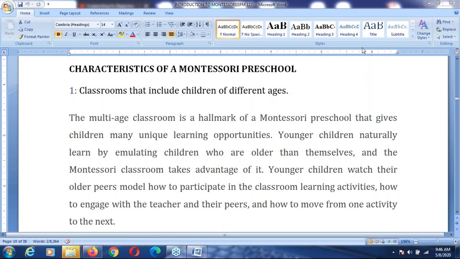Number 3, a curriculum that emphasizes independence. Another characteristic of Montessori education, a curriculum that emphasizes independence. Montessori education inculcates the spirit of independence in the life of the learners by the way they are allowed to choose any material of their own choice.